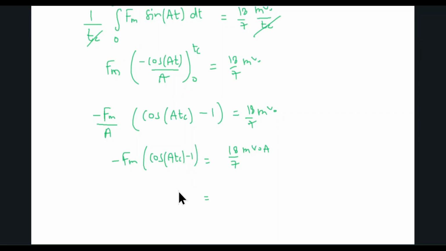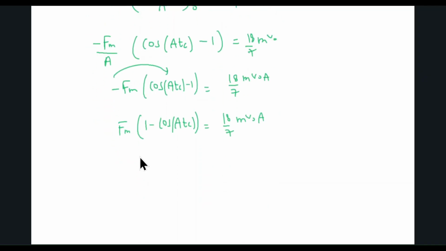Let's divide both sides by negative. In fact, let's give this negative to this guy so that we don't have it anymore. So 1 minus cos of ATc is equal to 18 over 7 mv naught A. I'm going to divide both sides with Fm. So 1 minus cos ATc is equal to 18 over 7 mv naught A over Fm.